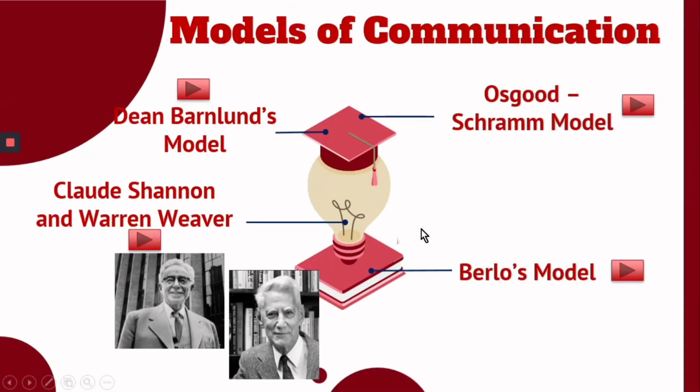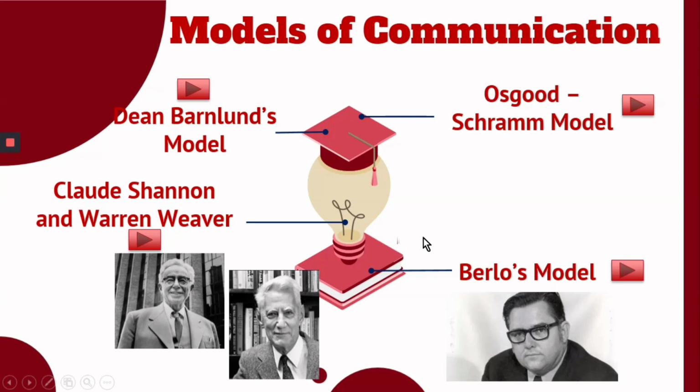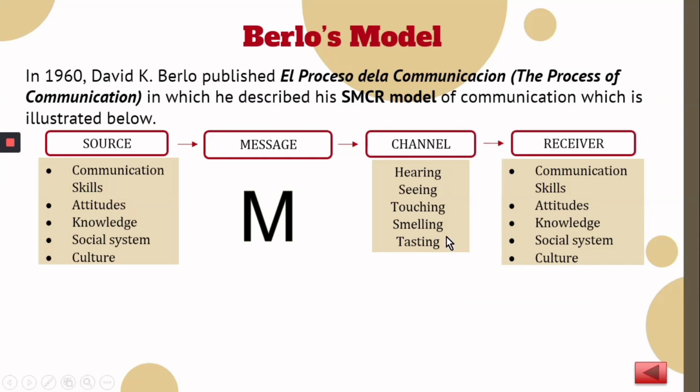The second model of communication that believes that communication is generally a one-way process is Berlo's model of communication. In 1960, David K. Berlo published El Proceso de la Comunicación, or The Process of Communication, in which he described his SMCR model of communication.